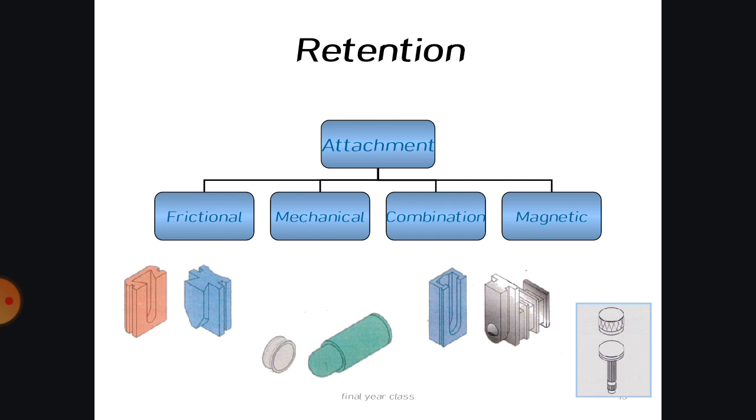The like poles repel, whereas the unlike poles of the magnet attract together, and that attractive force is taken into consideration for the retention of the prosthesis. So this is the classification of attachments for removable partial denture prosthesis based on the mechanism of retention.